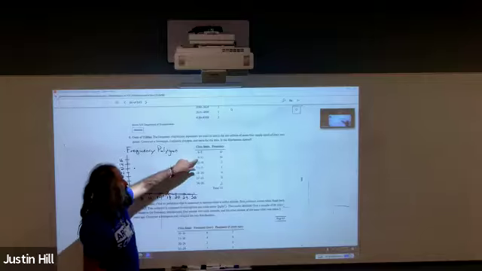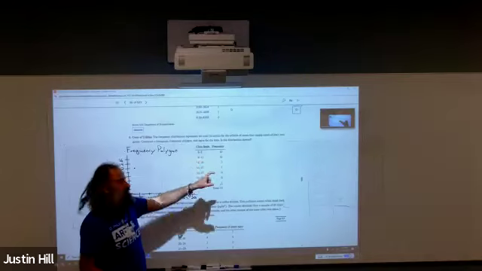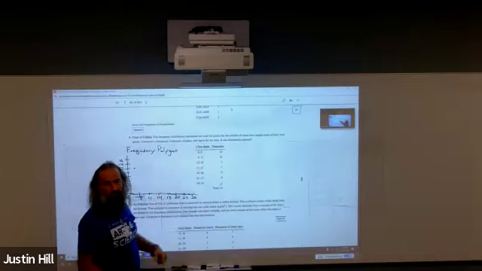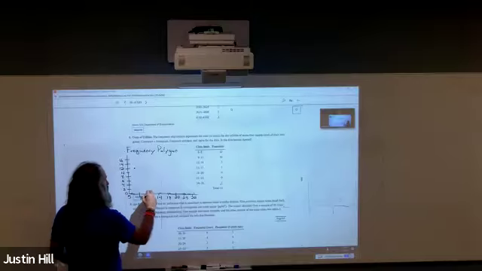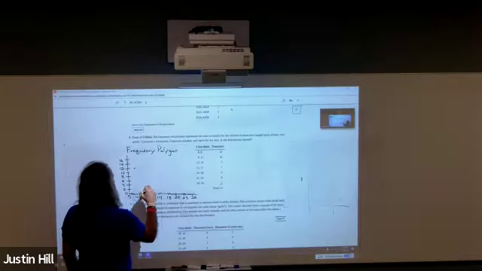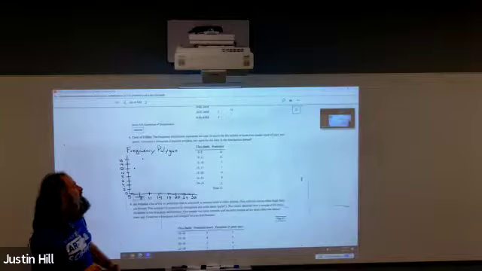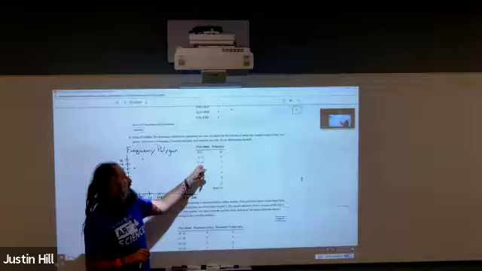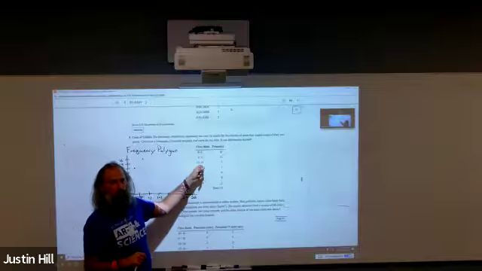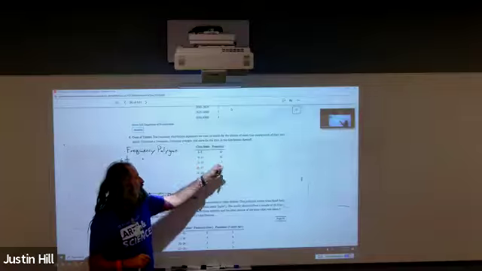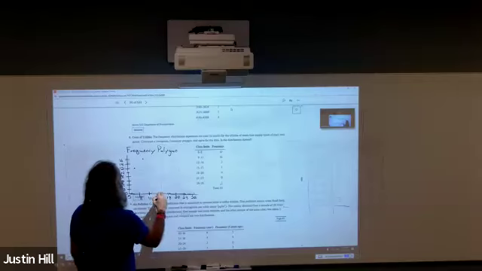And then halfway between 9 and 11, what's that? That's a 10. So at 10, I'm going to mark 16. What's halfway between 12 and 14? What's my midpoint there? It's 13. So at 13, I'm going to mark 3.